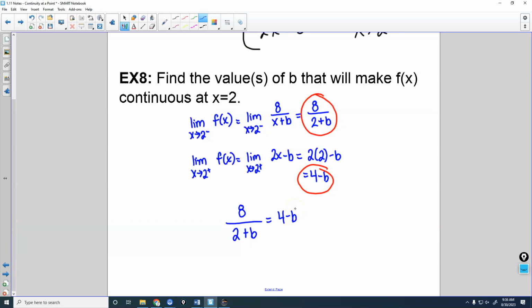Now, this is going to test some algebra skills. How do I solve that for b? We can't solve when we got something in the denominator, so we'd multiply by 2 plus b here, which would just cancel out. And then make sure you put parentheses around that 4 minus b, and you're multiplying by 2 plus b over here.